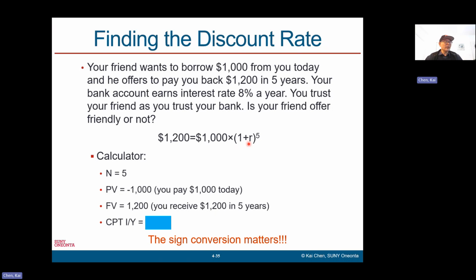The other way is to use the financial calculator to find the solution. Generally speaking, I require students to know both ways of finding the unknown.